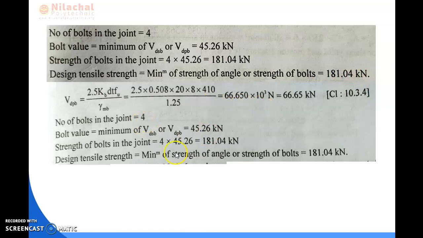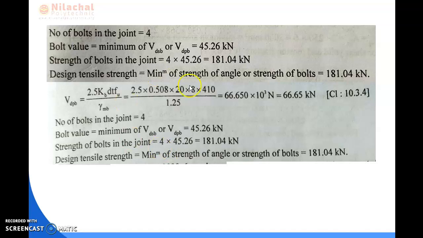Hence, the design strength of the angle section is the minimum of strength in angle section and strength in bolt.